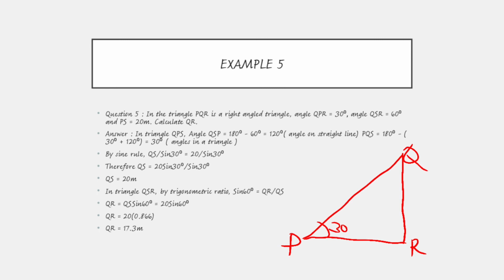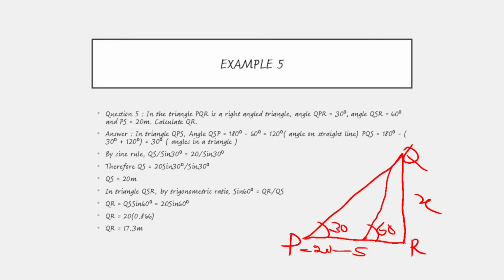Therefore, there's another straight line here where this place is S. Then we have angle QSR, which is 60 degree. If line PS is 20 meter, then I ask you to calculate QR, which is the height of that triangle there.